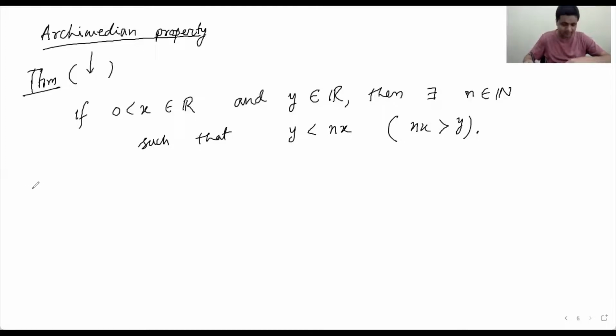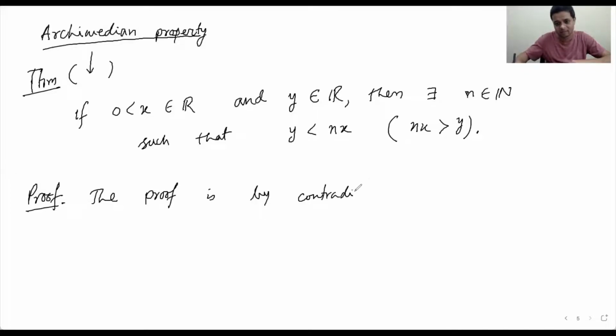So now we prove this theorem. Proof. The proof is by contradiction. Suppose the statement of the theorem is not true.